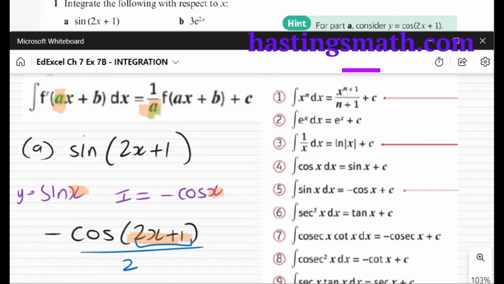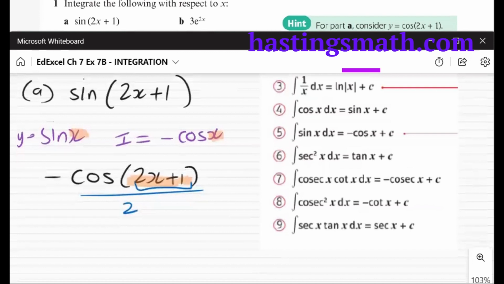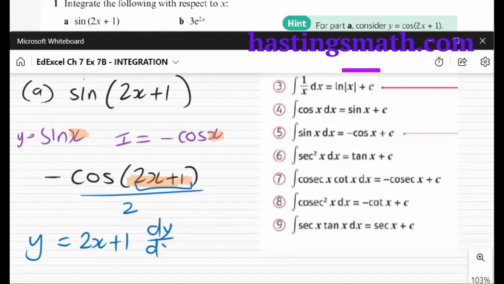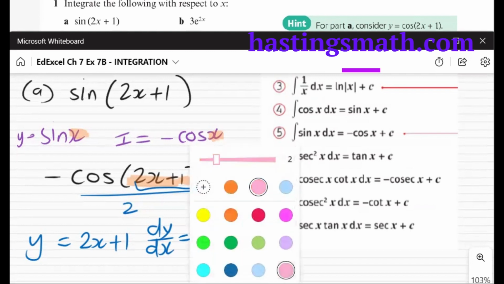Just to explain that: if we had our function as y equals 2x plus 1, our dy/dx is going to be 2. And that is where we're getting that from.